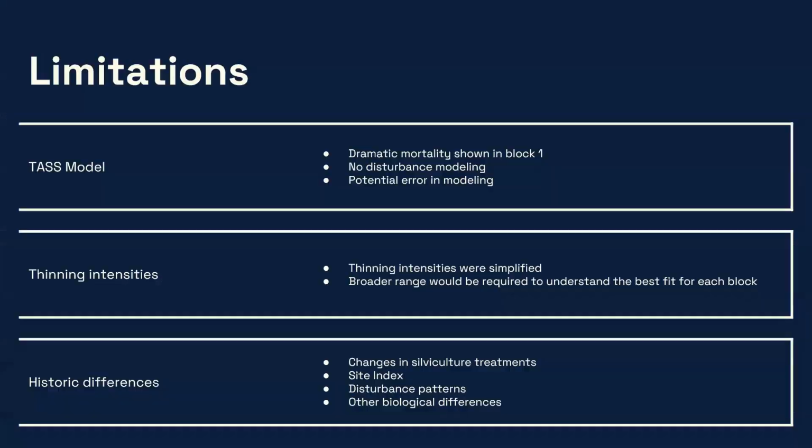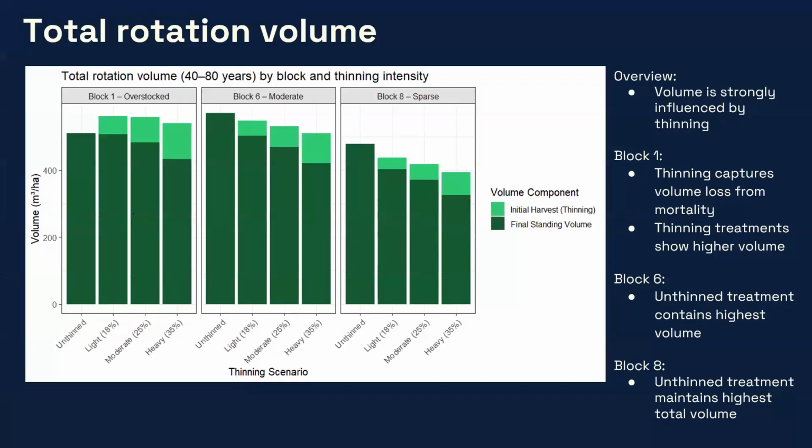That being said, in every thinning scenario there's still more volume being harvested. It's just the fact that the light thinning removes the least amount of stems, so there's more total volume standing. Yeah, but that was a surprise to me, that it wasn't as clear, and also that block 6 didn't even show any kind of improvement due to the thinning.